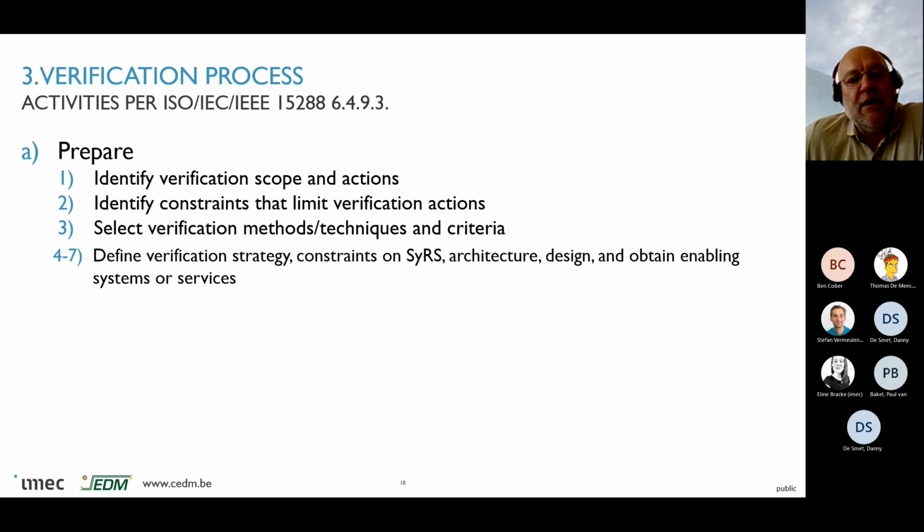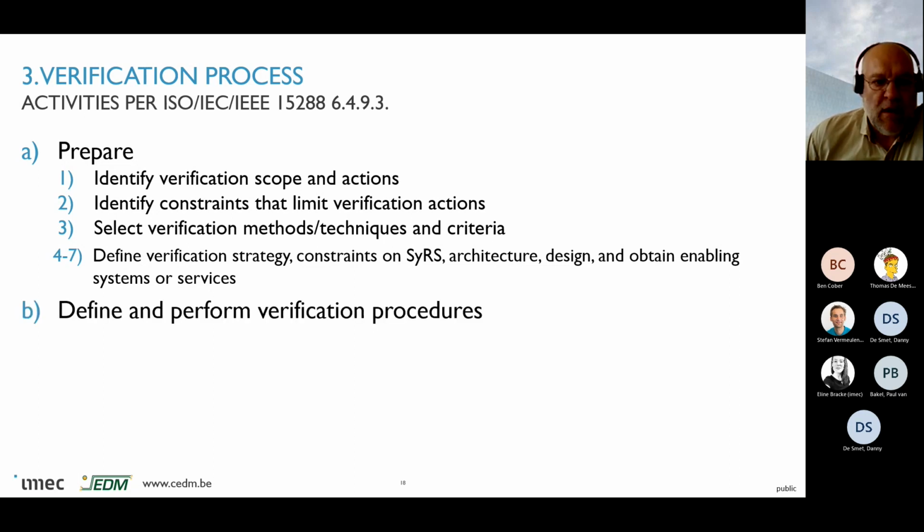But also here, we have to take into account that the verification process, and that can be tests, the testability of your products, may put constraints on your system requirements, on the architecture, on your design. That is also something that you have to look at when you define the verification process for a specific aspect of your system.